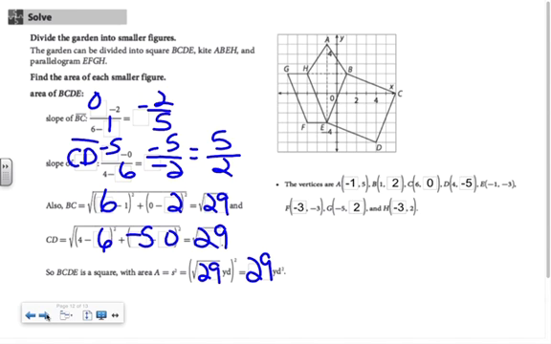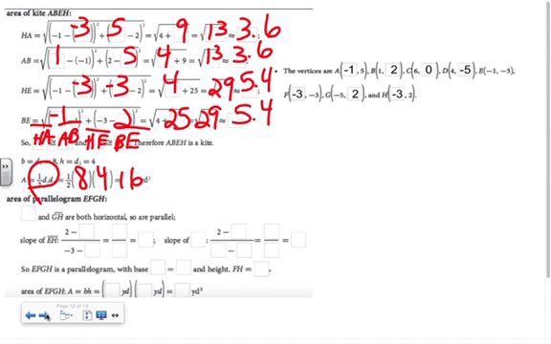For the parallelogram, FE and GH are horizontal segments, so we know that they're parallel. The slope of EH is 2 minus negative 3 over negative 3 minus negative 1. So that's 5 over negative 2, which is just negative 5/2.